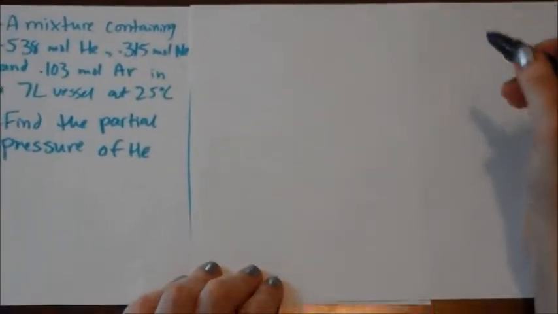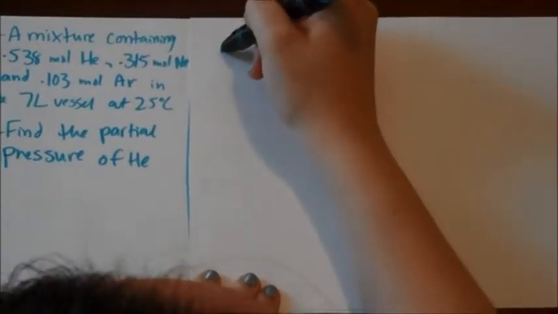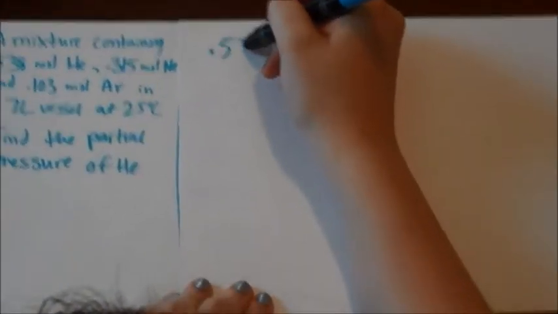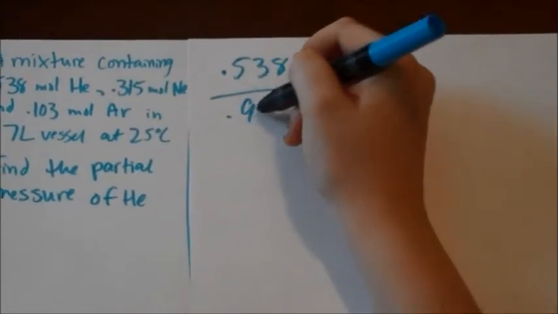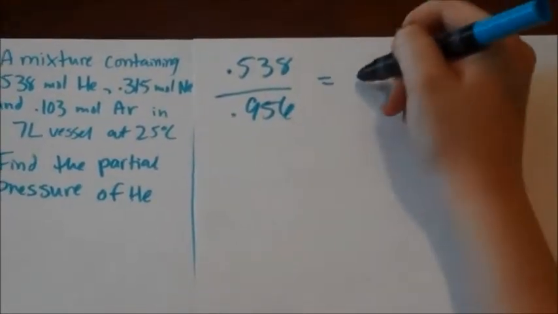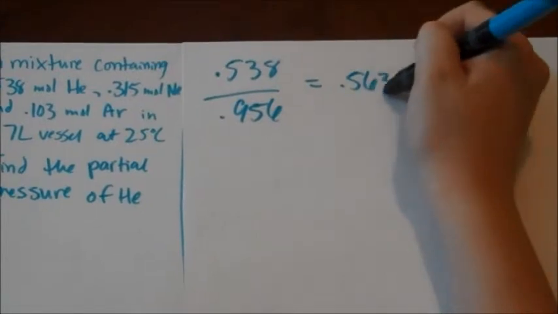Next, you would find the mole fraction of helium by taking the moles of helium, 0.538, over the total moles of the mixture, 0.956, and you would get 0.563.